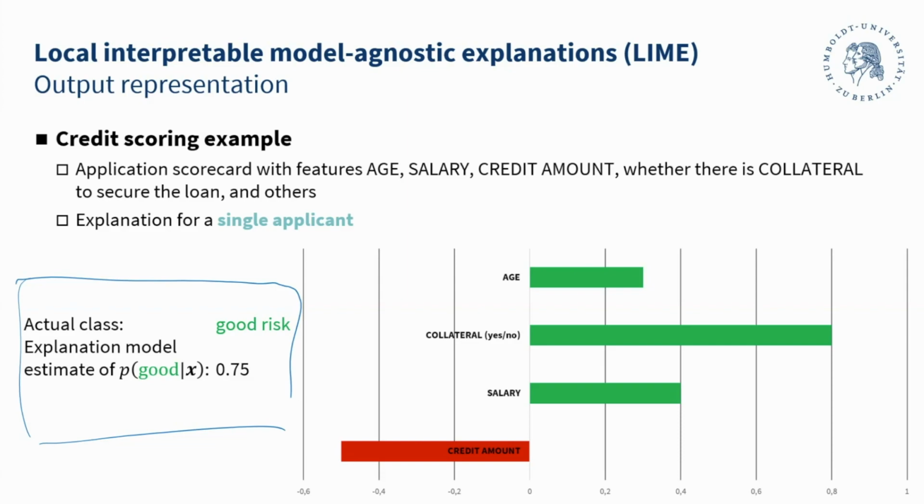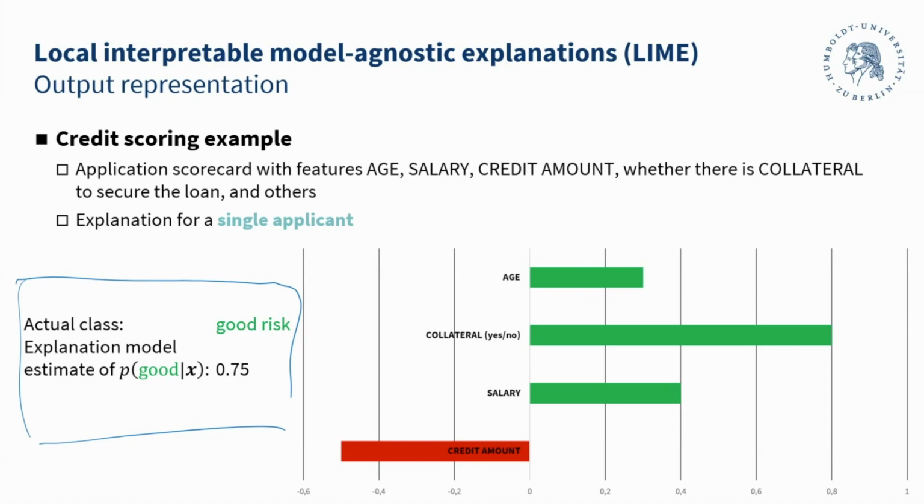And salary also increased the probability of her being a good risk. So because of her salary, she was scored higher, you could argue. And the credit amount she applied for, well, that actually decreased her prediction by a quantity that was even a little more substantial than the effect of salary. That would be the way to read this plot.